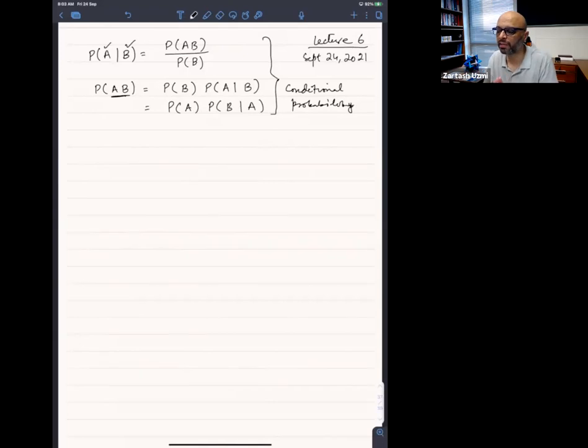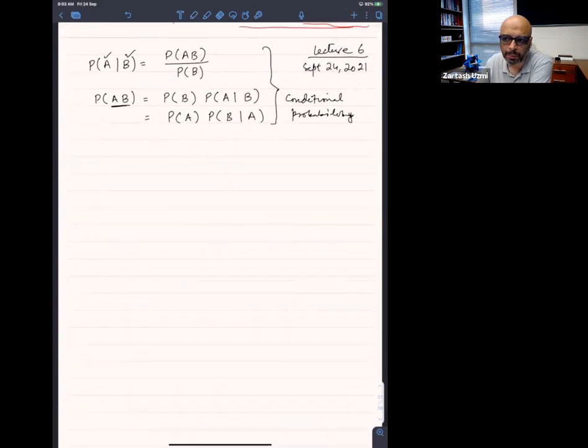And how do you find the probability of an event in the reduced sample space? We use the standard definition: the number of points that support A divided by the total number of points in the reduced sample space. Again, this applies to equally likely outcomes. If we don't have equally likely outcomes, we may need to adjust a little bit.